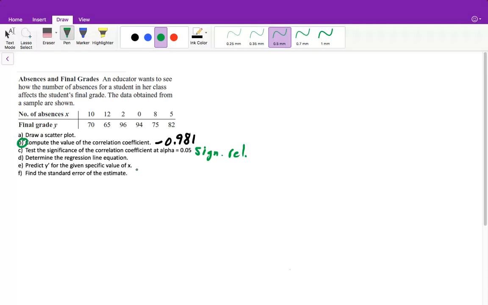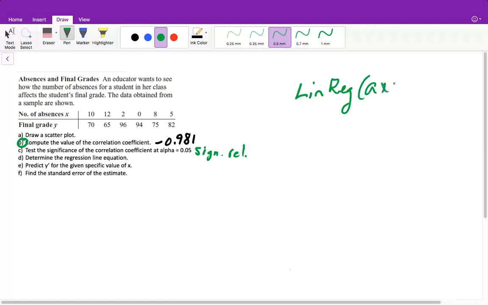You're going to do the exact same steps from B, and we have our linear regression of ax plus b.